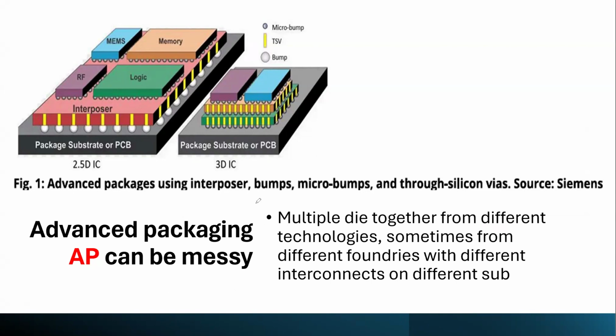So the electric currents, or electrons, will go through many different materials and even different temperatures. So this electromigration could be interesting. That's what I can say. And so I say advanced packaging is kind of messy. It's very hard to predict how current will change the material in what way, and that's very critical.